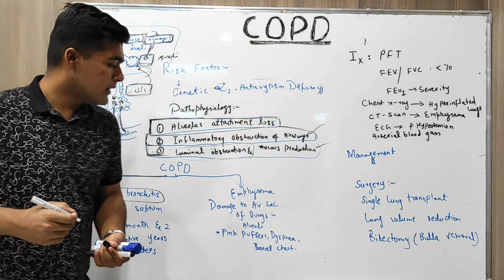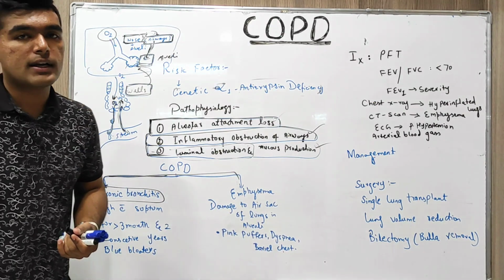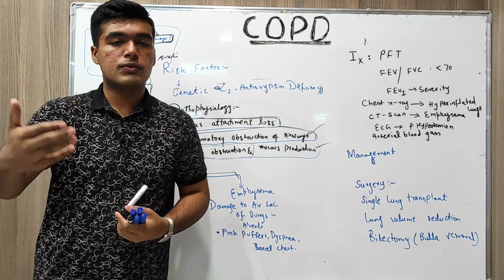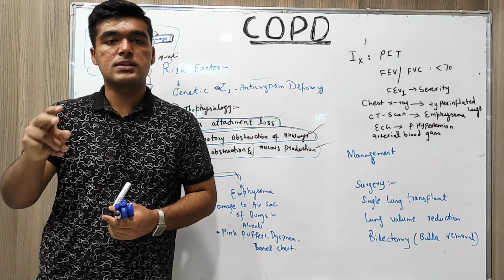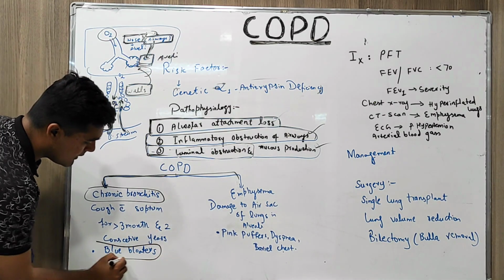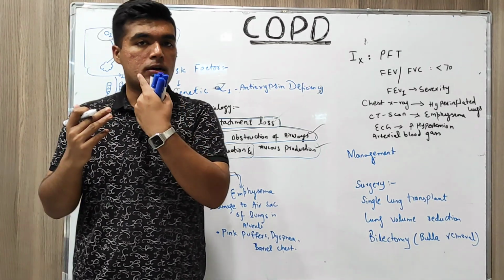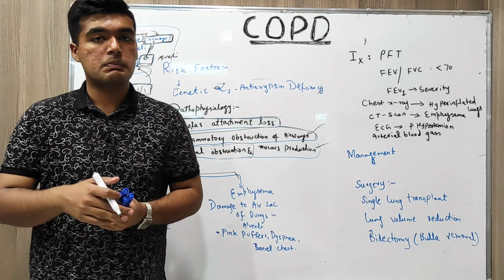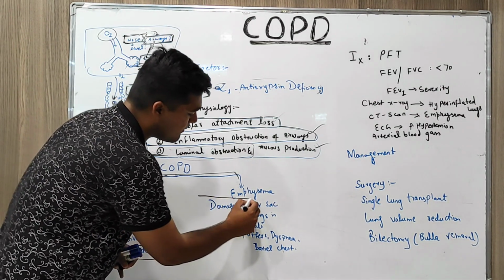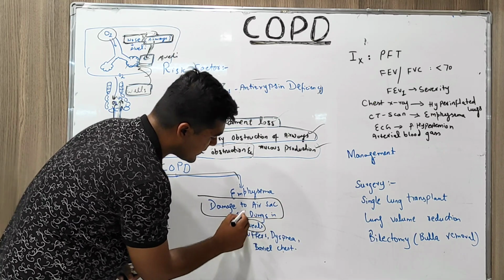For that, COPD is divided into 2: bronchitis and emphysema. Bronchitis is cough with sputum production for more than 3 months in 2 consecutive years. We name these patients blue bloaters because their skin and lips start changing color to bluish. In emphysema, there is damage of the air sacs of the lungs, the alveoli.